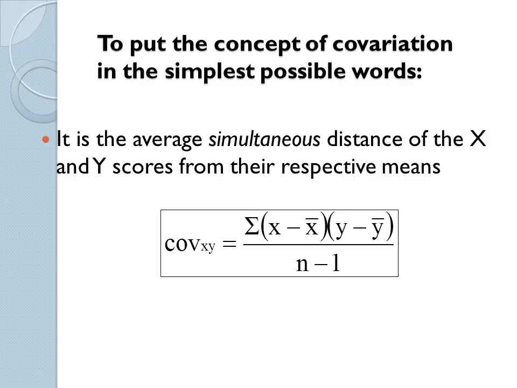So you sum each squared distance, divided by n minus 1 if it's a sample, and then you square root that. This is now the sum of the product of the distances between each x and y score from its respective mean, divided by the number of scores, n minus 1. So it's like an average simultaneous distance.